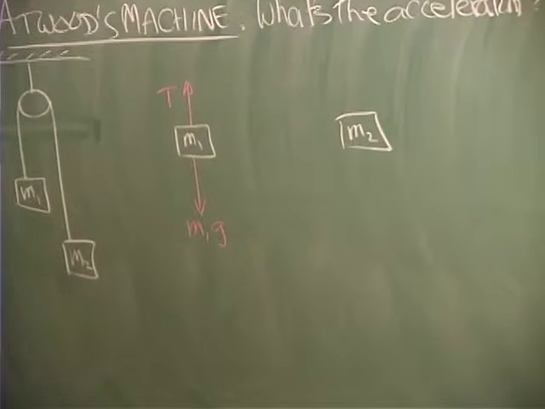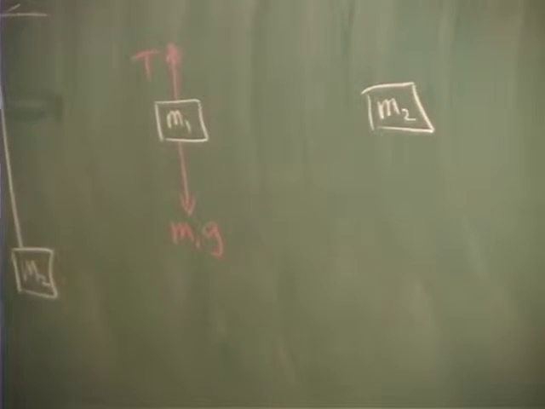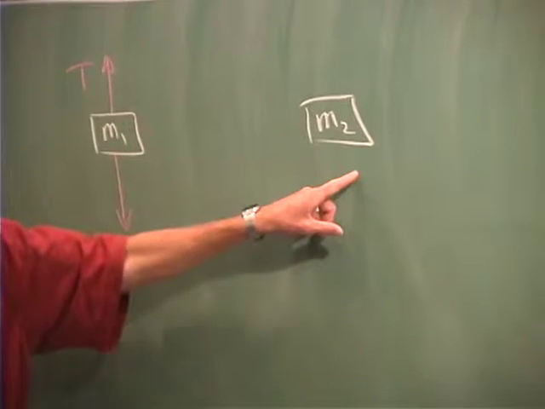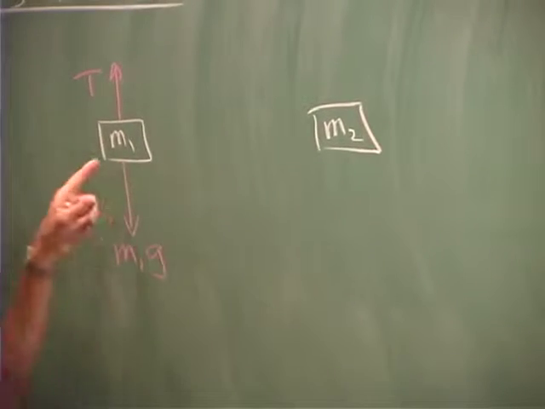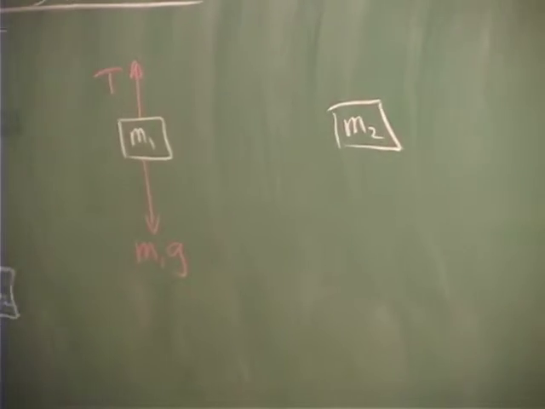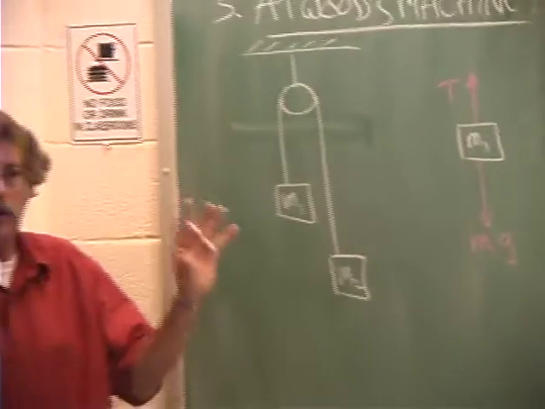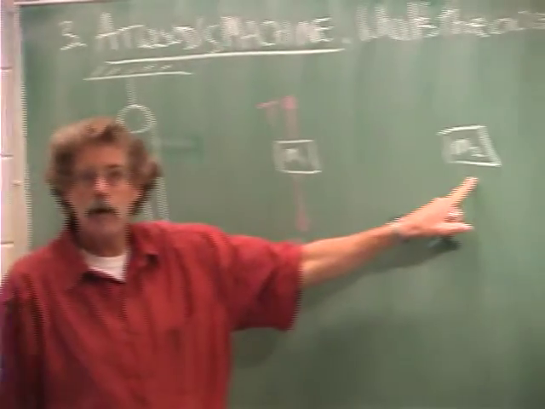Anything else? No. How about the gravity acting on M2? No, that doesn't belong in this diagram. Completely different diagram, right? I'm just talking about M1. I see 2 things pulling on M1. Gravity pulling down, tension pulling up, period. That's it. Now we go to M2.